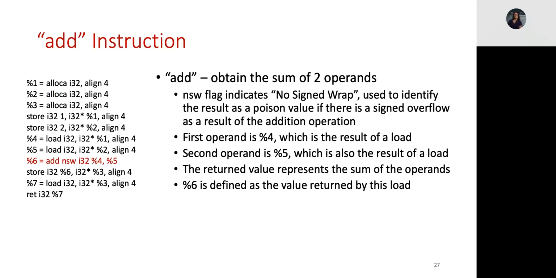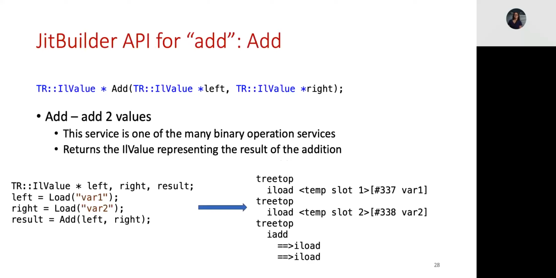It takes the operands to add, and the returned value represents the result of that addition, which in this case is %6. And then we also have something like that for JitBuilder. We use the add service where we have to specify the two different operands that we want to add, and the returned IL value represents the addition.